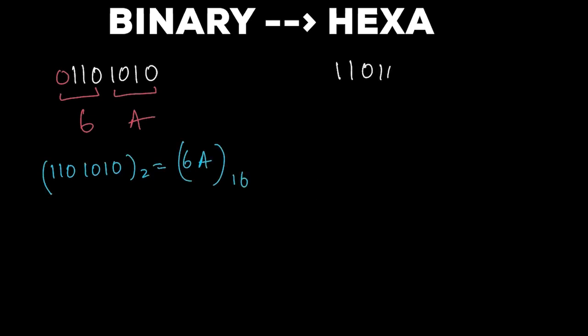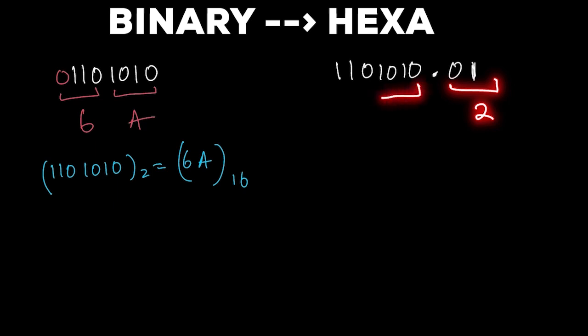We will take another example with a decimal point. Again, we need 4-bit numbers. After the decimal point, 01 is lacking 2 digits to become a 4-bit number. We will add double zeros to the right side of it. We can see from the extreme left, 110 is a 3-bit number. Add 0 to the left side of it.